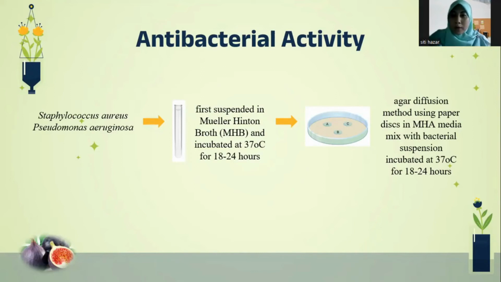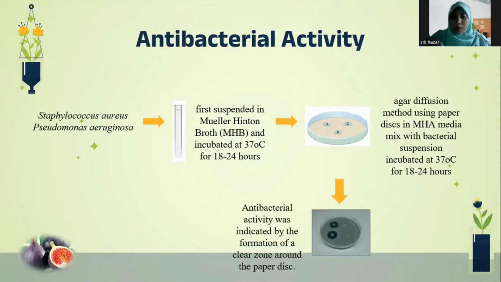Before that, the paper discs are soaked in the extract with various concentrations. Then antibacterial activity was indicated by the formation of a clear zone around the paper disc after 18 to 24 hours.